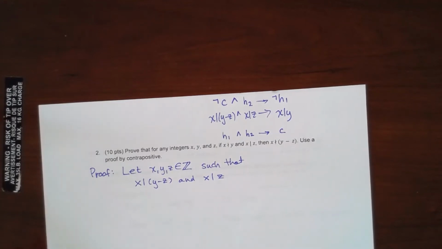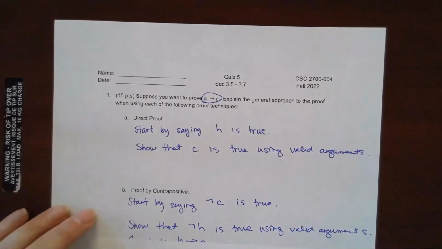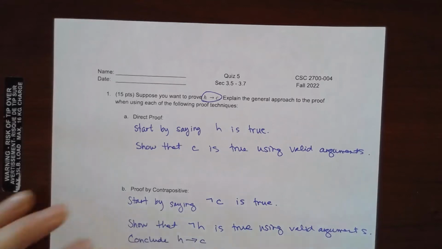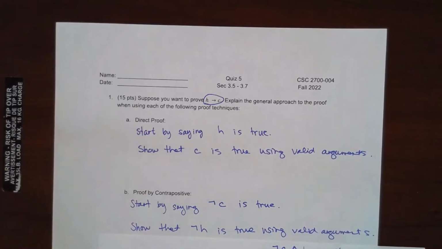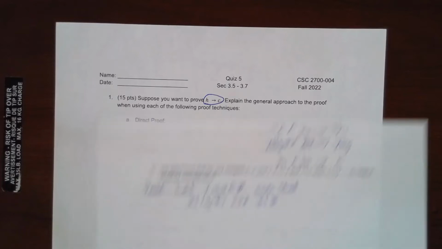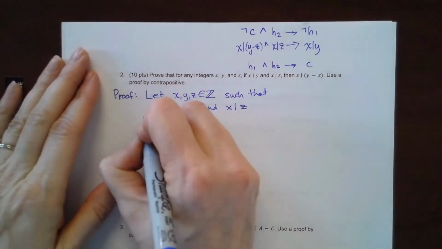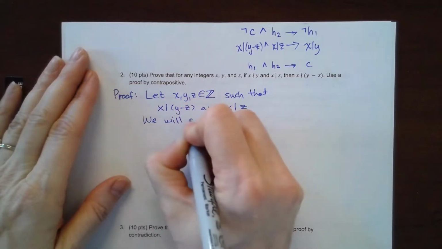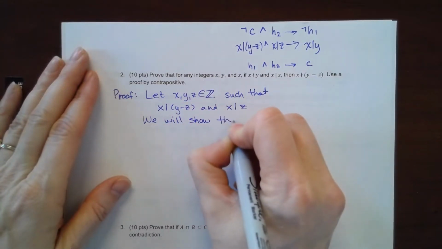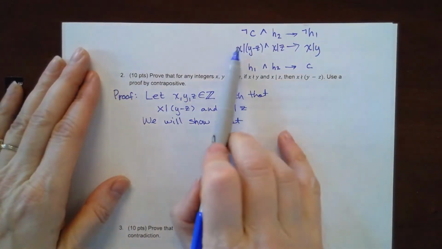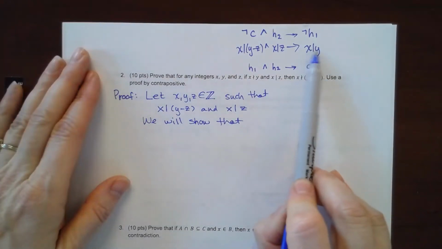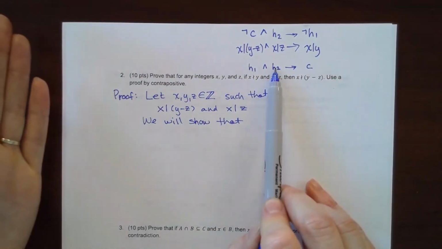Okay, so I think it's a good idea for us to say, I know that I'm going to have to show that not H is true using valid arguments. So if I just tell everybody what I'm trying to show, that reminds me and everybody that's reading it what I'm trying to show. So you will say, we will show that, and going back to my statement, here's the negation of the hypothesis that I chose to negate.